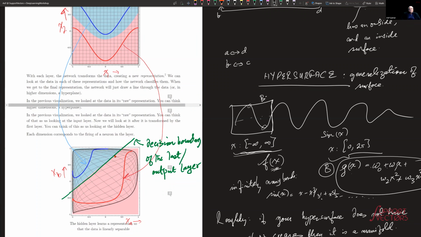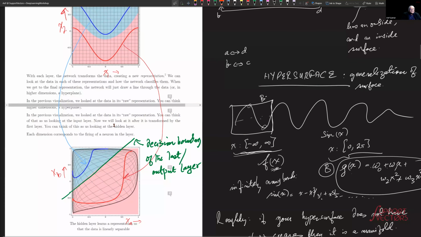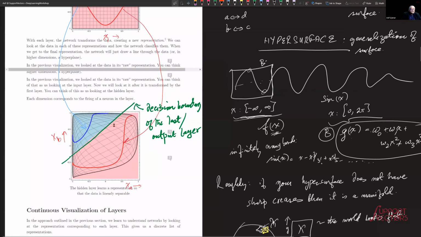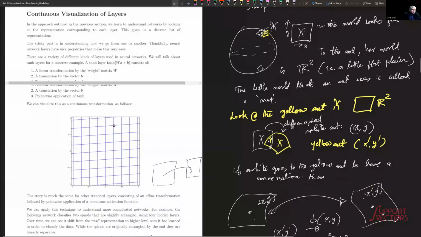And that is what neural nets do. They deform the space continuously, the input manifold continuously, till the two classes become linearly separable. And when they are linearly separable, the last output layer just draws a straight decision boundary for a classifier. So that is what he's trying to say.